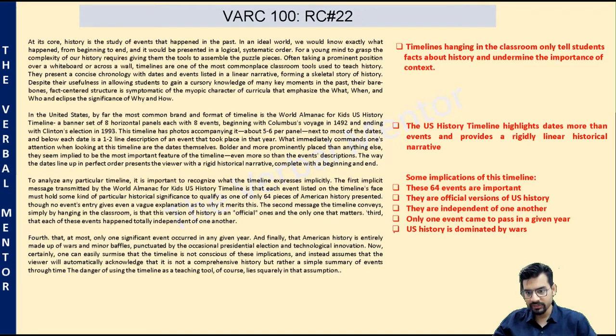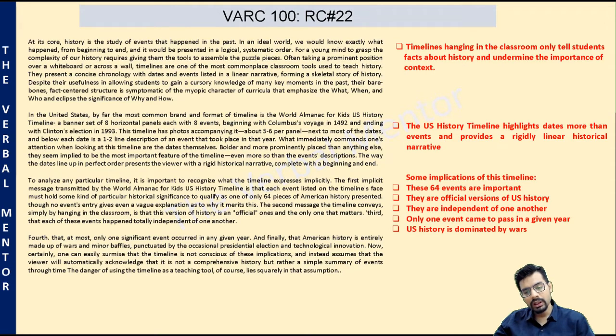He probably thinks, therefore, that there are more than 64 important events in US history. He also thinks that there are multiple versions of US history. You cannot point out one version as the correct one. He also thinks probably that these events are not independent of one another, just unlike what these US timelines showcase or project them as.